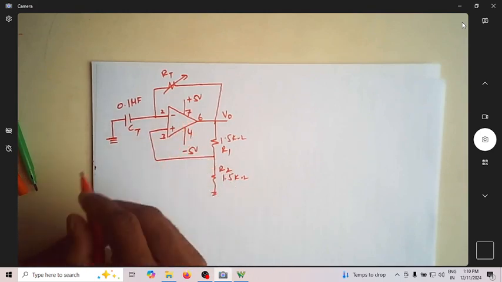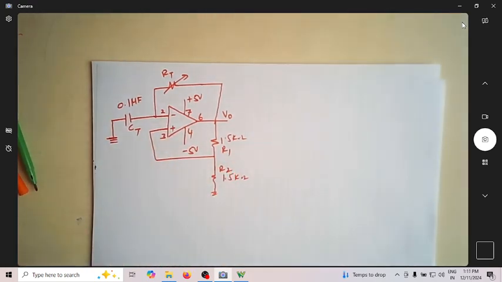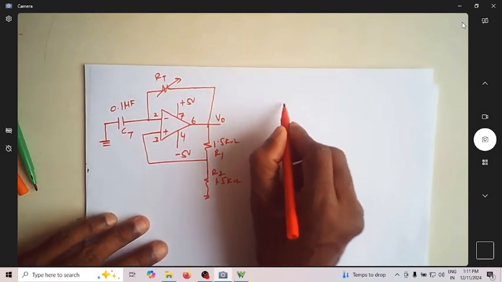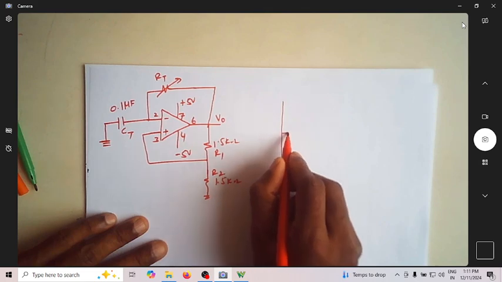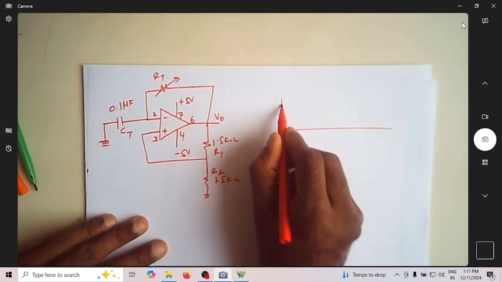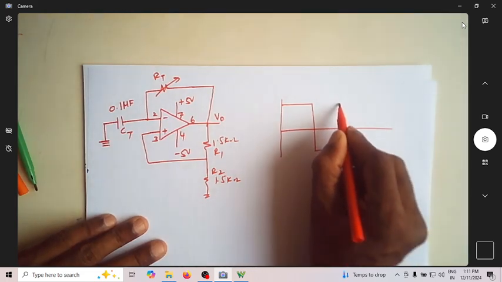Now let us first see the waveform and try to find the expression. If you have made the connection and want to see the output, it will come immediately. It doesn't require any other condition to be satisfied.